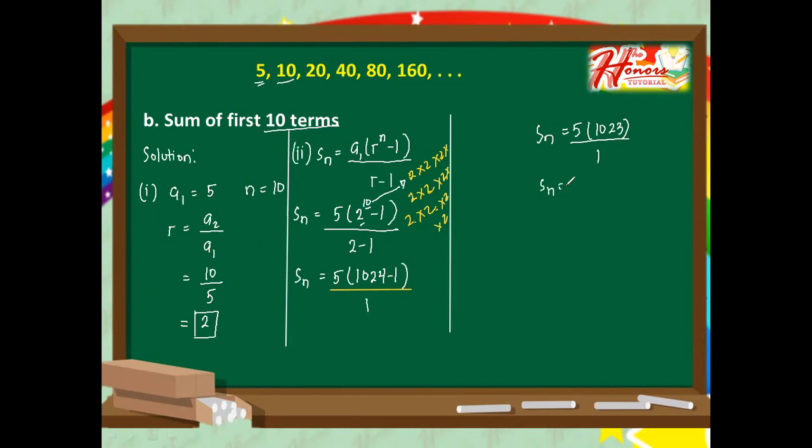So S sub n is equal to 5 times 1023. So that is 5115 over 1. Since it is 1, you can just simply remove it, or if you want to, divide 5115 by 1. So that is still 5115. So this is the sum of the first 10 terms of the given.